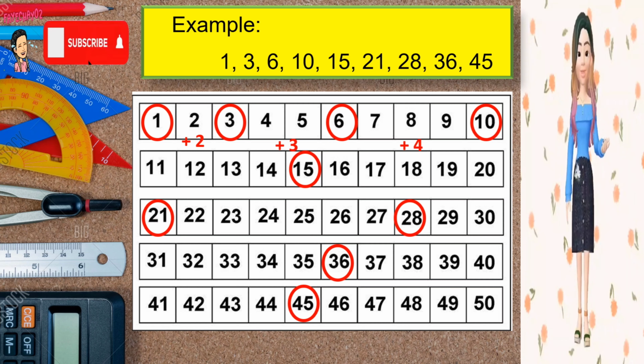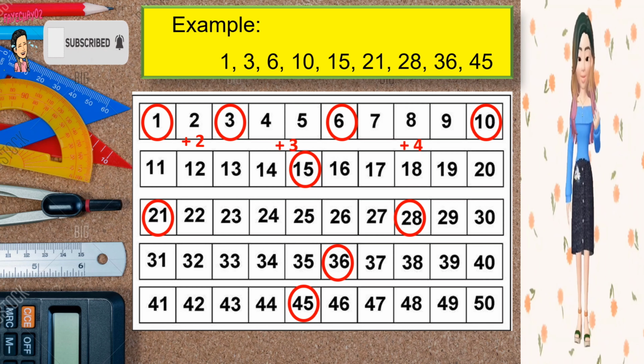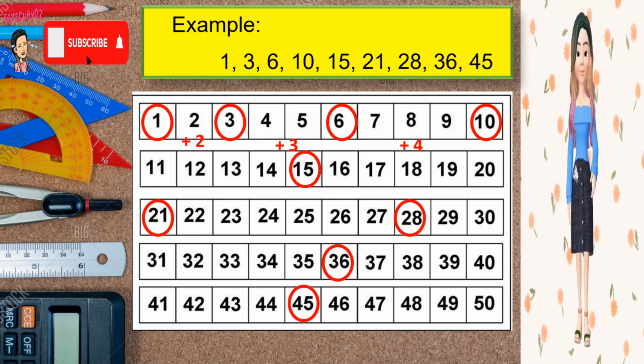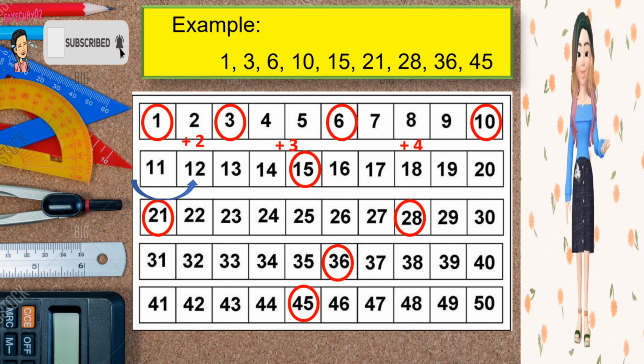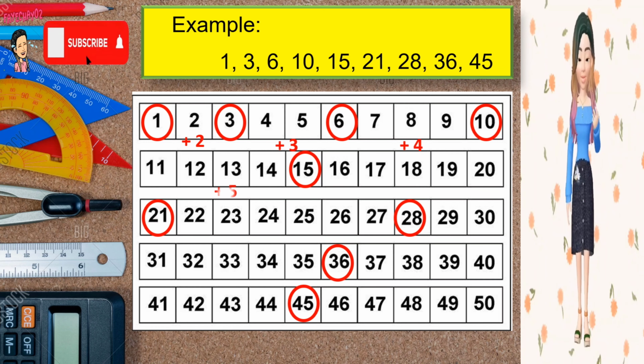Ngayon naman, difference between the fifth term at saka sa fourth term. Bilangin natin: 1, 2, 3, 4, 5. So, ang difference ng fourth term sa fifth term ay 5.